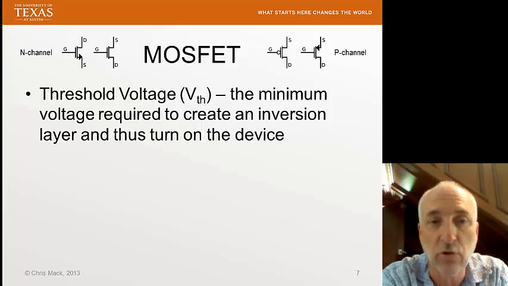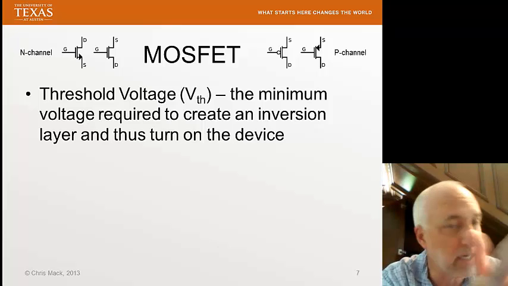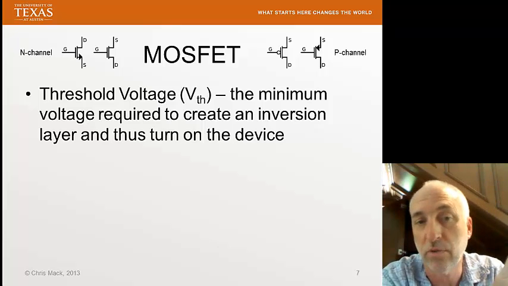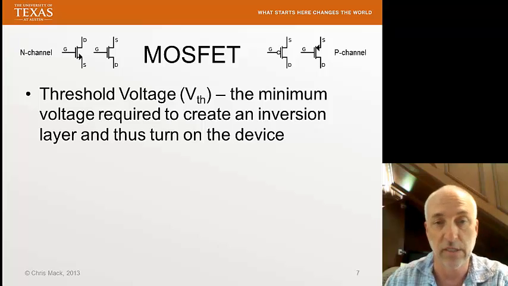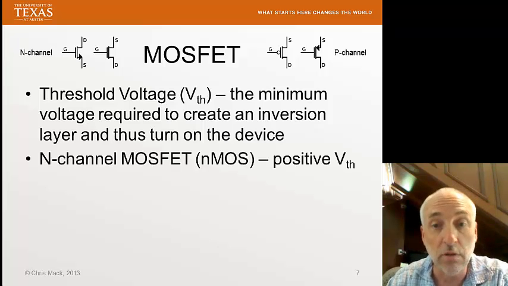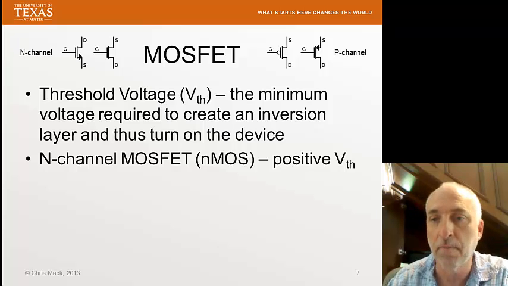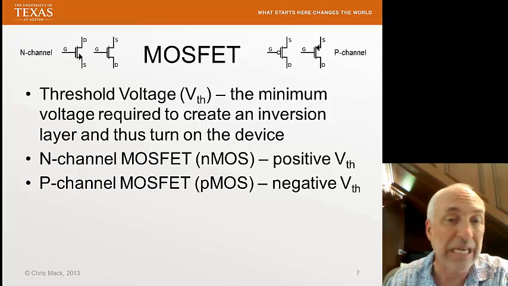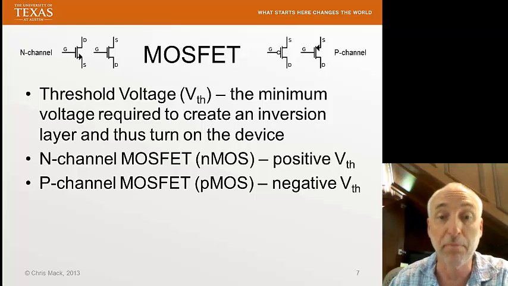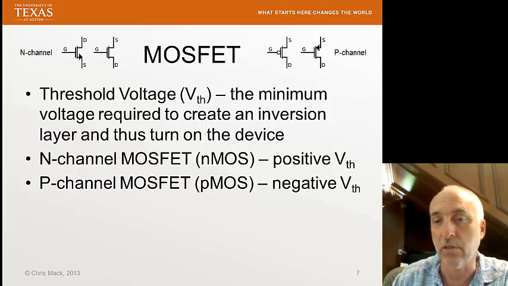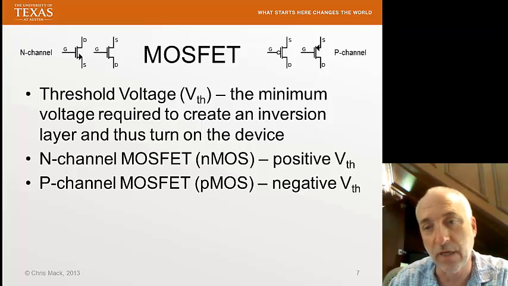If we exceed the threshold voltage, we turn on the device. If we go lower than the threshold voltage, we turn off the device. For an N-channel, or sometimes called NMOS transistor, V threshold is positive. For a P-channel MOSFET or a PMOS transistor, we have a negative threshold voltage.